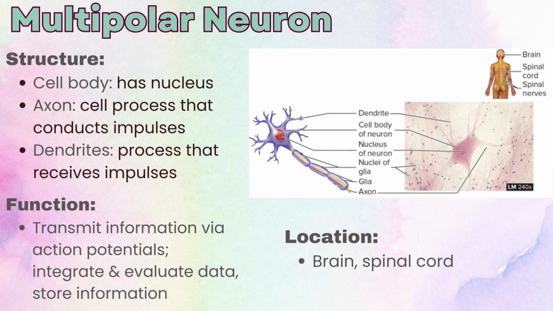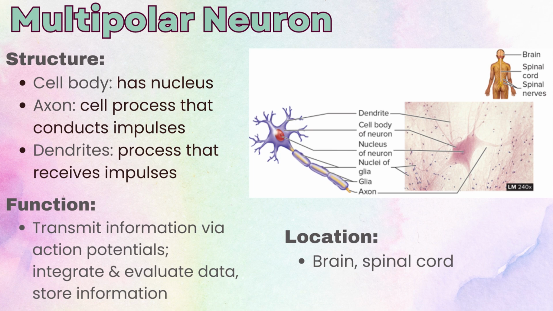Off of the cell body, there is one long cellular process that is called the axon, and that's where the impulse travels down to communicate. Also, off of the cell body, we have many dendrites. These are processes that receive impulses from something else, a receptor, a previous neuron, something like that.